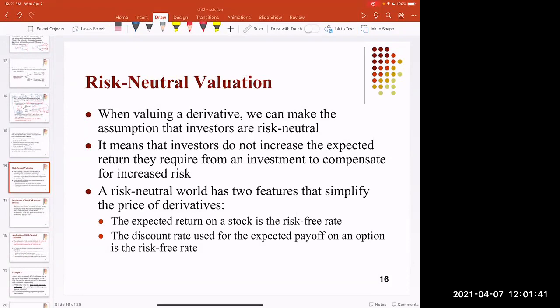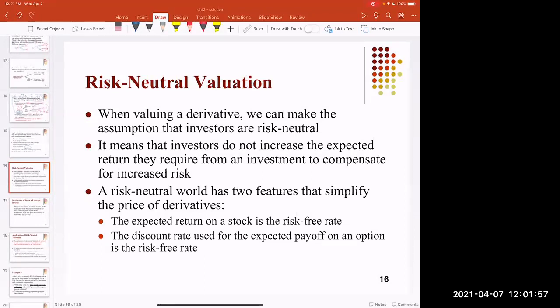All right, so when we value a derivative, we can make the assumption that investors are risk neutral. In reality, investors can be very different, right? They can be risk neutral, risk loving, or risk averse. Some investors don't like risk.